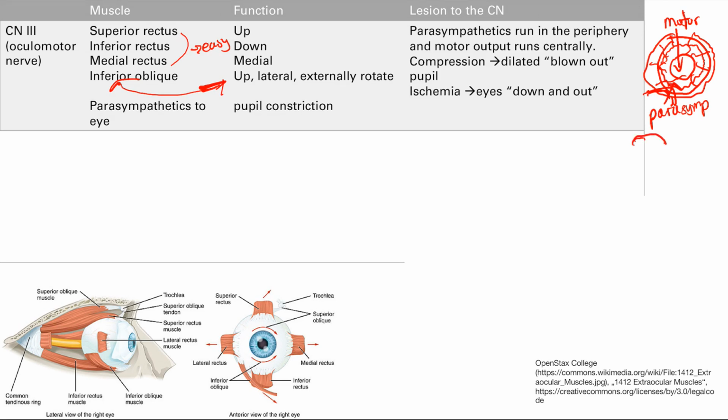So I'm going to draw out the eyes. Let's say the left nerve got hit, so the eye will be down and out. This is the normal eyeball, and this is the one with ischemia. Due to ischemia, it's down and out.